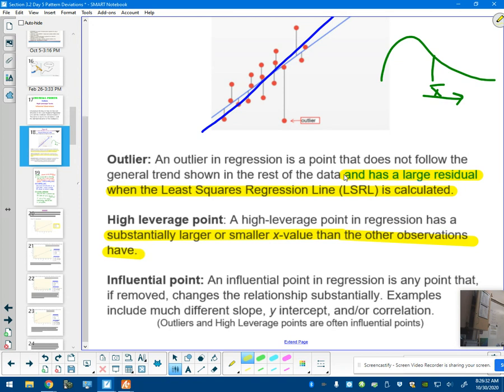So that's what you want to highlight on page 40 of the big packet. And you have to go down a bit and highlight there, usually the leftmost or rightmost point. Oh, you can also highlight substantially larger or smaller x values than the other observations have.